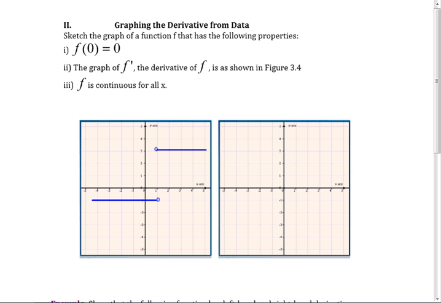It says f of 0 is 0. The graph of f prime is this figure right here. And it says the function f is continuous. I forgot to read that part. Anyway, they have to tell you that. And so I want to try to draw f. That's what my goal is.